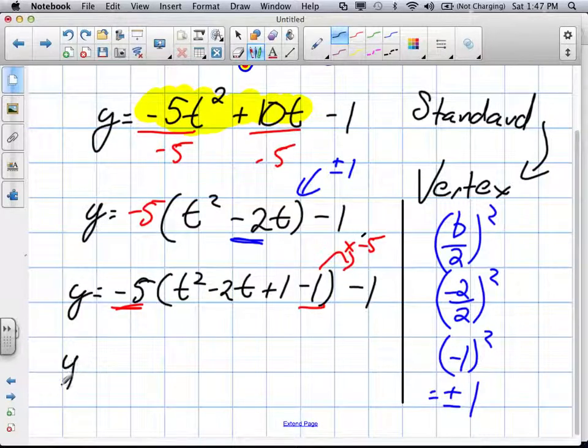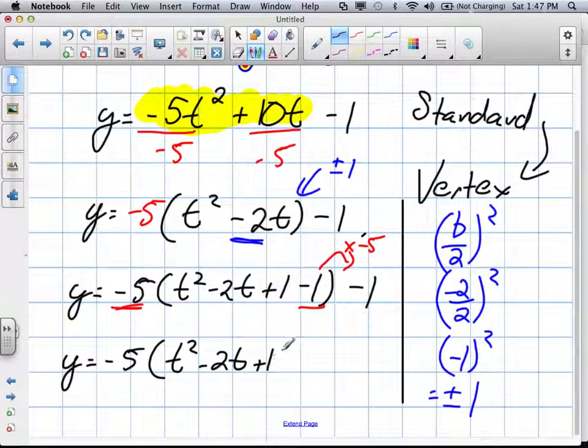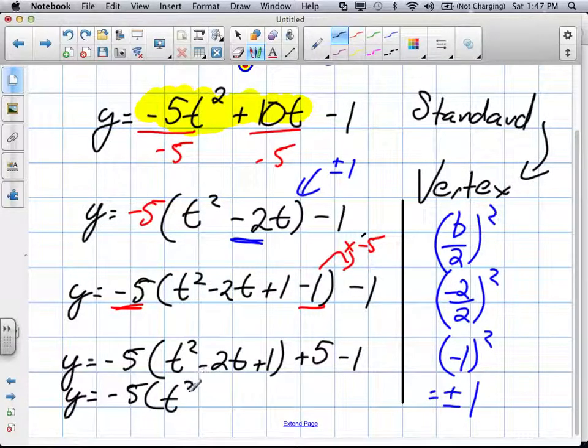So when it comes out, we still get the -5 in front, t squared minus 2t plus 1. -1 times -5 is? We'll simplify what's outside the brackets. So we have -5 times t squared minus 2t plus 1, plus 4.